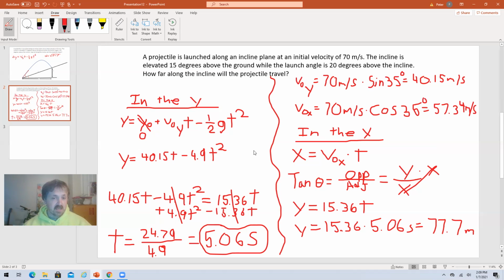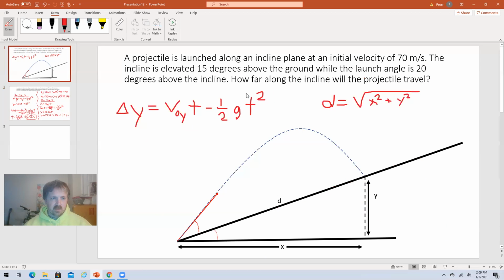And again, I get 77.7, okay? So I think we've done our work well, and we have this value for y. This is 77.7 meters above the ground, okay?